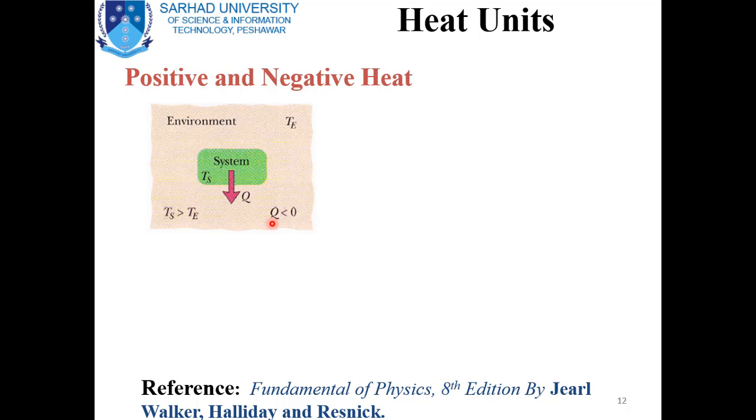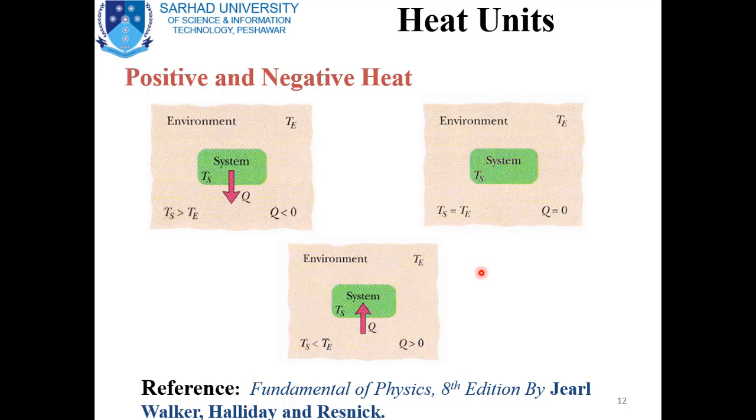And if the temperature of the environment and the temperature of the system are in equilibrium, we can say that the system is in thermal equilibrium with its environment. So Q is equal to 0, which shows us that heat neither enters the system nor leaves the system.